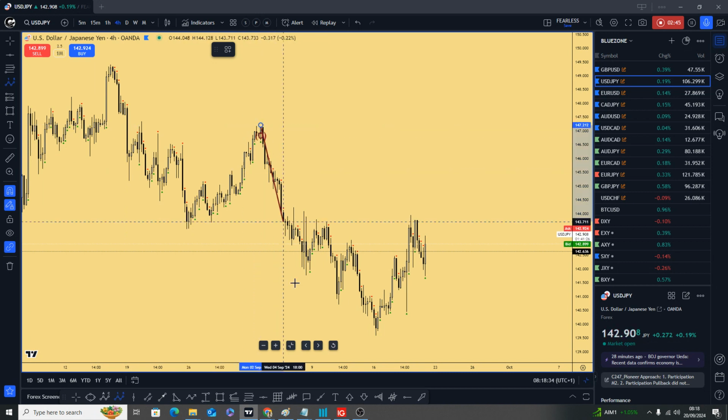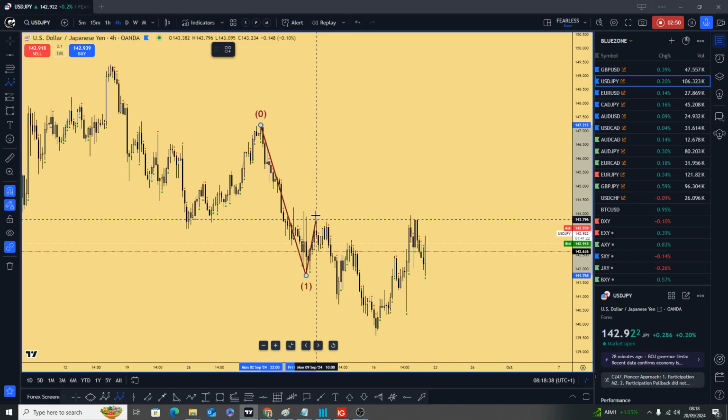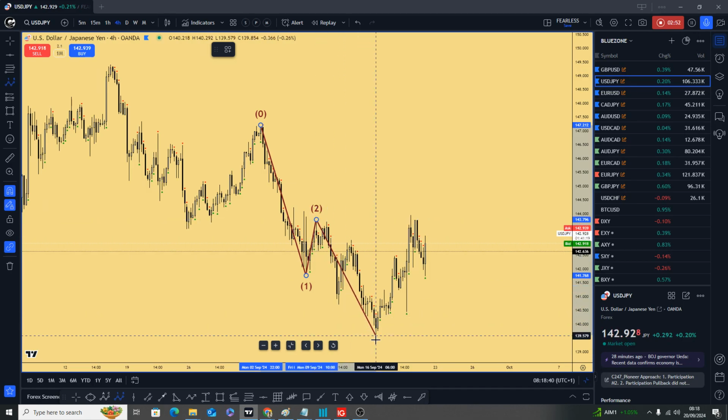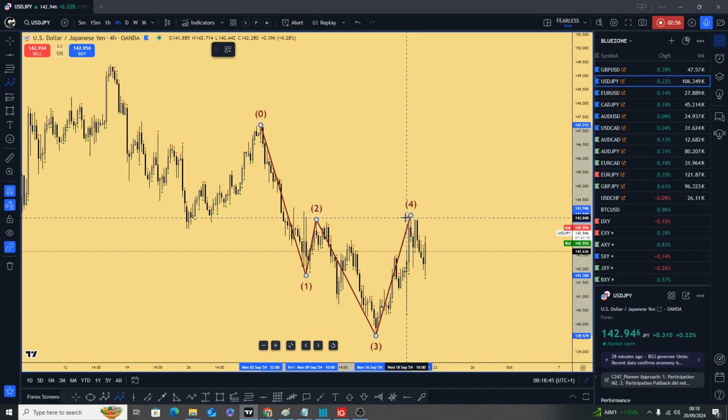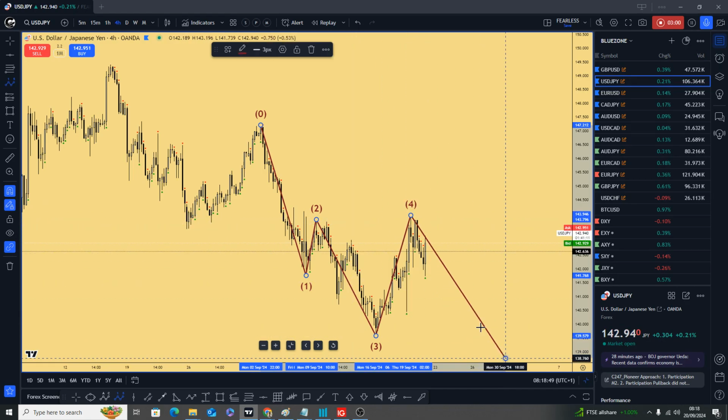We have a 0 to 1 followed by 2, which gave us an extended move, and this is 3. So we've seen the manipulation 4, manipulated high, and we're expecting 5.